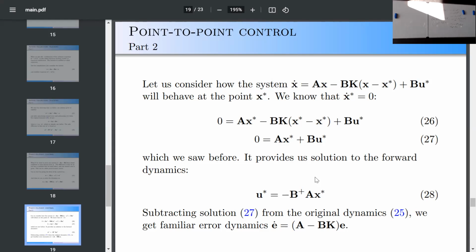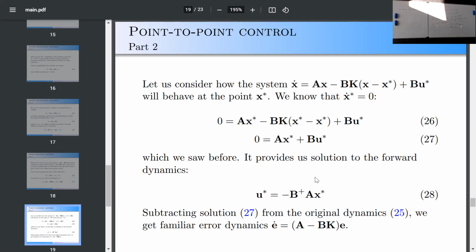And where does it come from? Well, you basically substitute equation 20. Let me write this just for clarity. We have the equation x dot equals ax minus bk(x minus x star) plus b u star, correct?